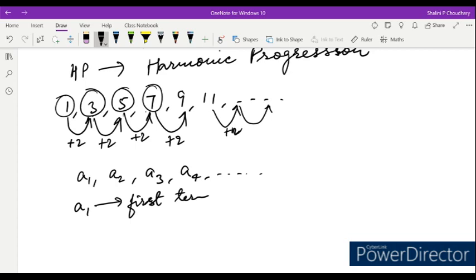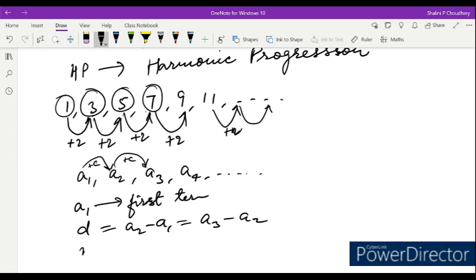Now if this is an AP, arithmetic progression, it means there will be some common difference. When we add C we get this one, again we add C we get this one. It means there is a common difference. The difference will be equal to A2 minus A1, or A3 minus A2. So the difference between any two consecutive numbers will be called the common difference.